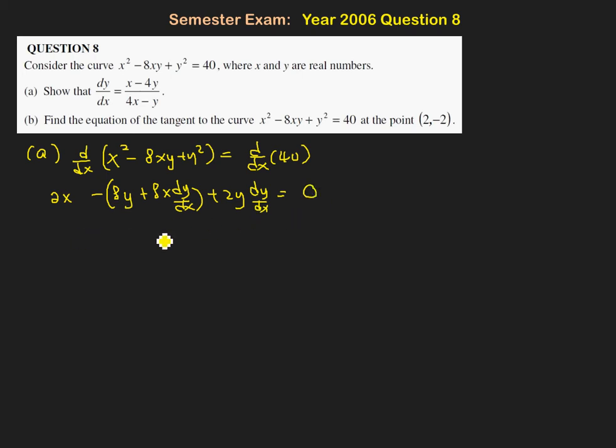And so I'm going to rearrange this. Okay, and you have 2y minus 8x, and here you have 8y minus 2x, and I'm going to multiply across by half because there's a common factor of 2 times half.